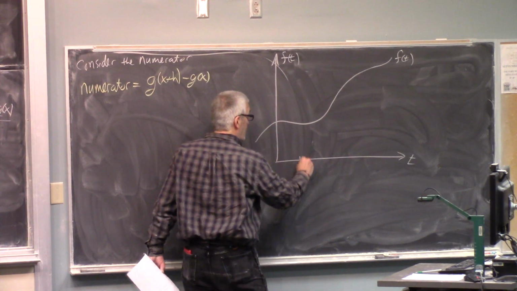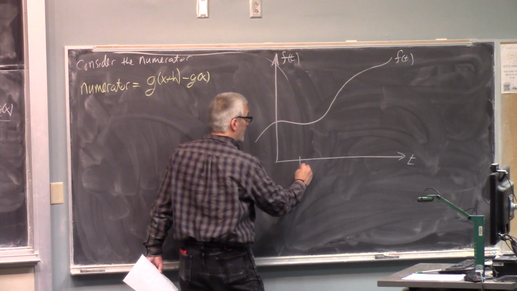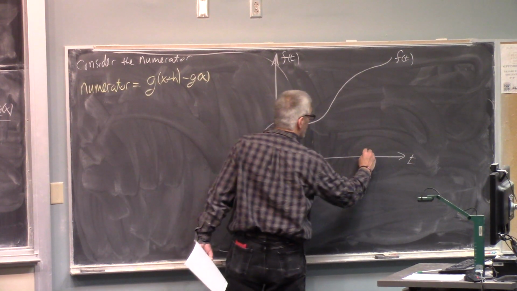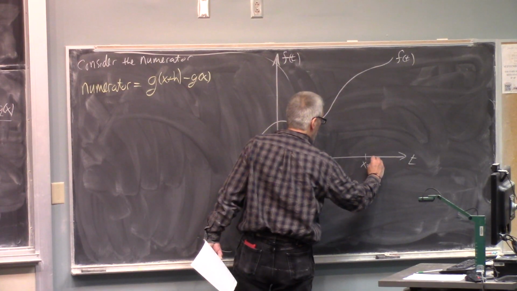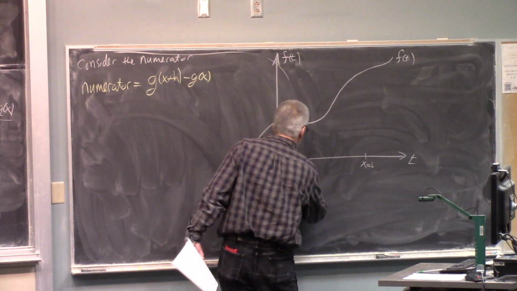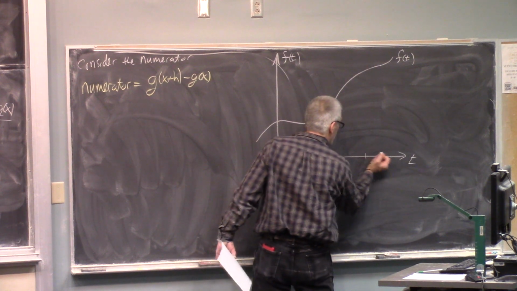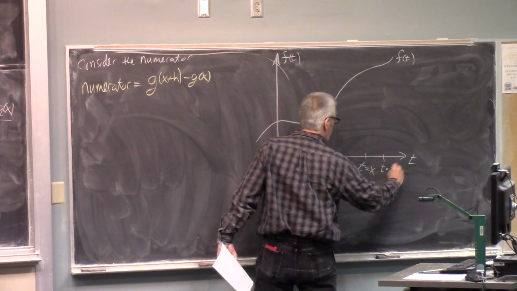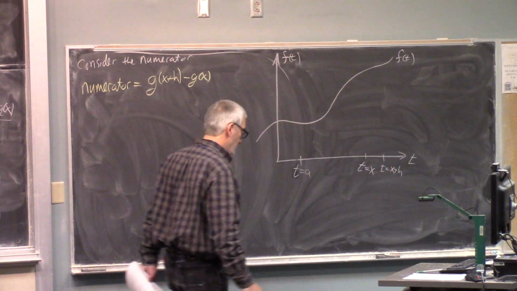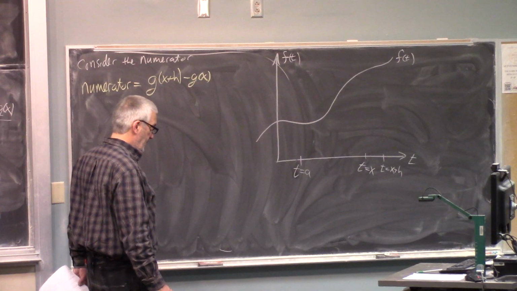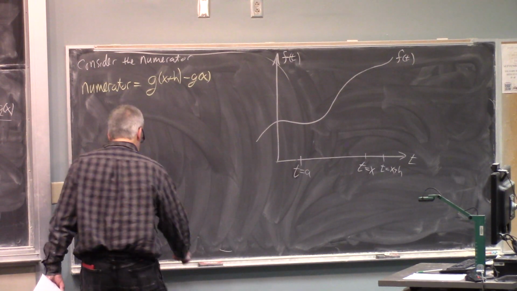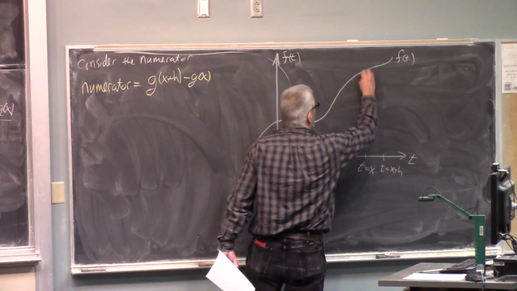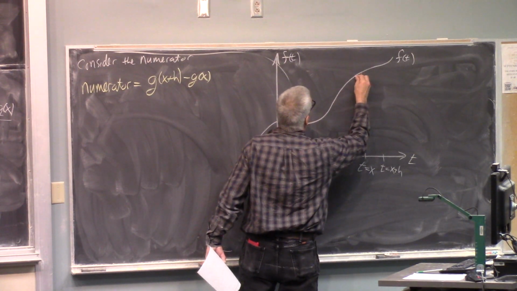And I'm going to be interested in the signed area from t equals a, and t equals x, and then also t equals x plus h. So let's start with the signed area from a to x. So that's this region.